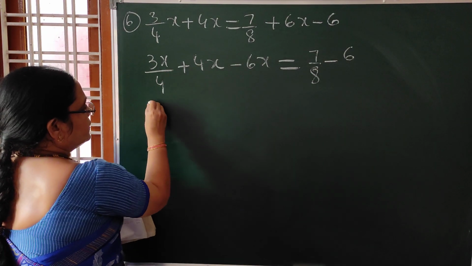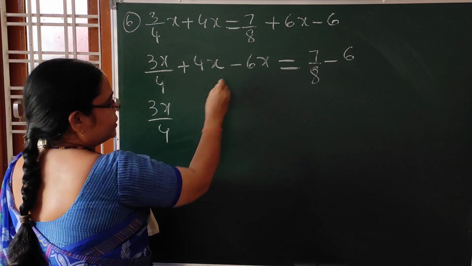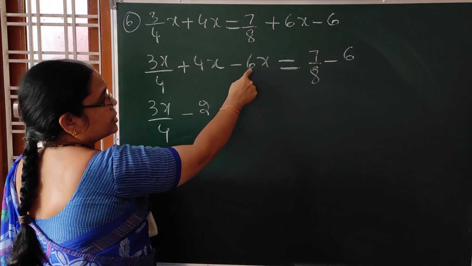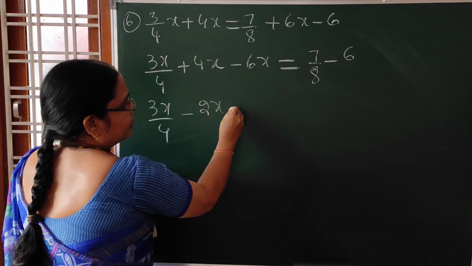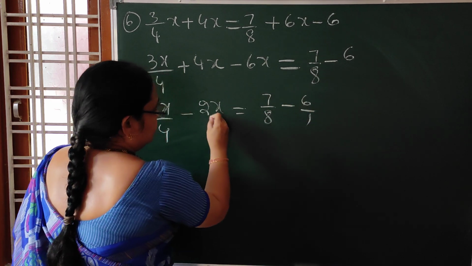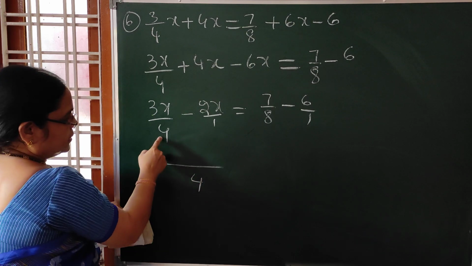Now simplify this. 3x/4 plus 4x minus 6x. 6 minus 4 becomes 2. So minus 2x is equal to 7/8 minus 6. Both sides you need to simplify. 4 is LCM.